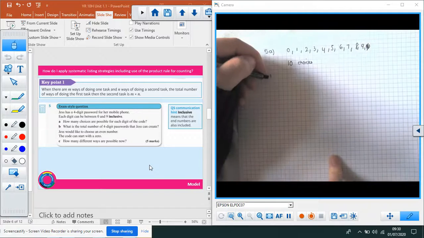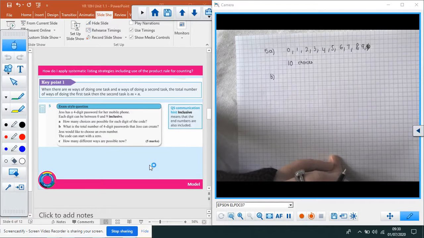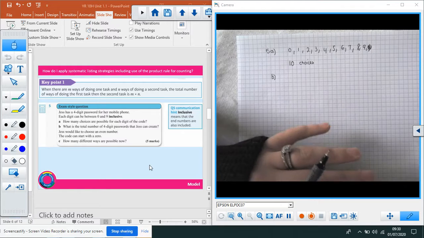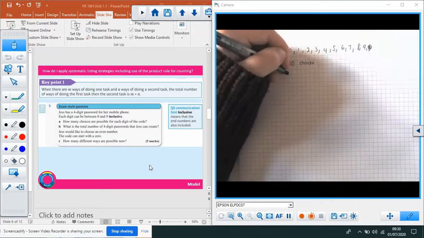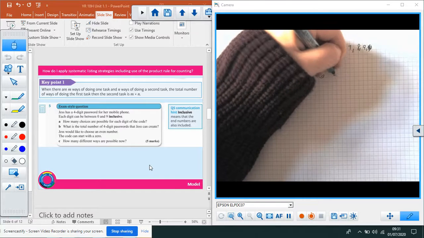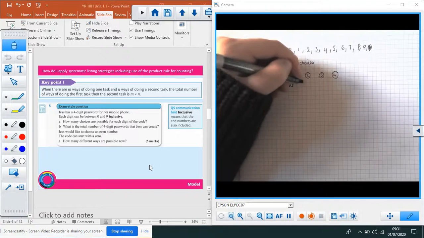Okay, part B says, what is the total number of 4-digit passwords that Jess can create? Okay, so we need to know what the number of outcomes are for the 4-digit password. So she's going to have 1 digit, 2 digits, 3 digits, and 4 digits. There's 4 digits to her passcode, and each one has 10 options.